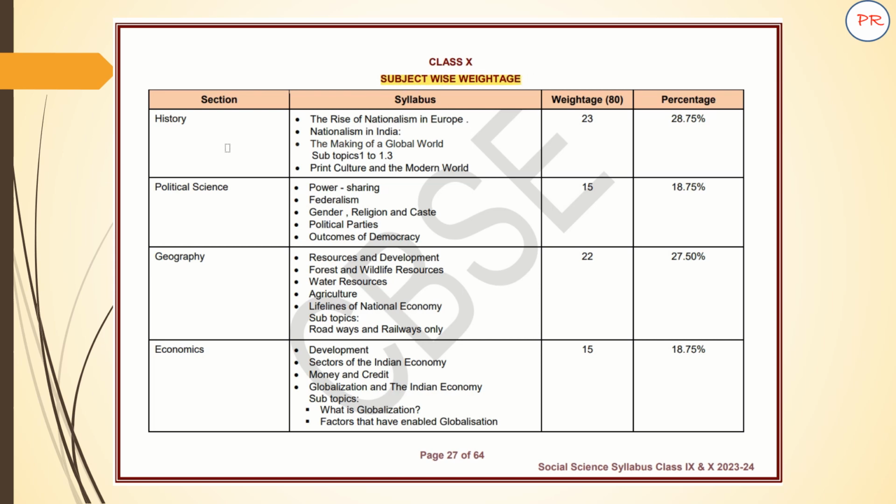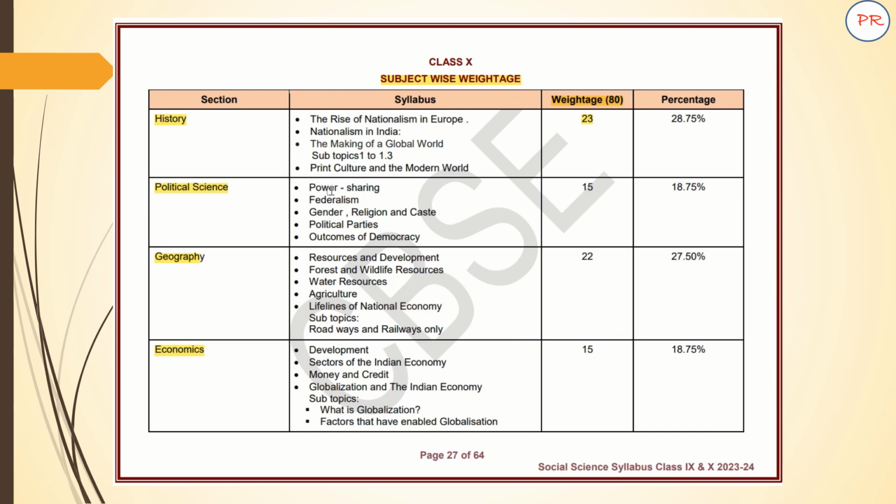Your social science paper consists of 4 sections: history, political science, geography, and economics. History includes 5 chapters, and it will be for 23 marks. The actual paper is for 80 marks and history will be there for 23 marks.